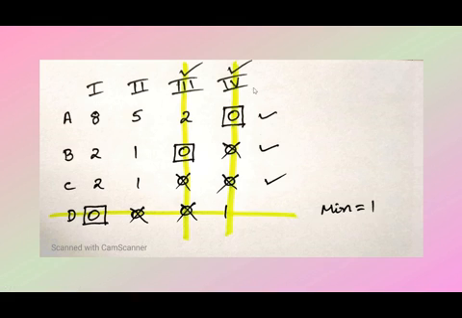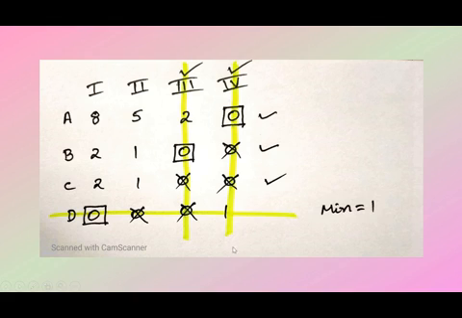Now draw the lines. How to draw lines? Ticked column, vertical lines, unticked row, horizontal line. So how many lines I've got? 3 lines. How many assignments I had? 3. So if at all the number of lines that you have got is equal to the number of assignments, then we can go with a belief that your line drawing is correct.